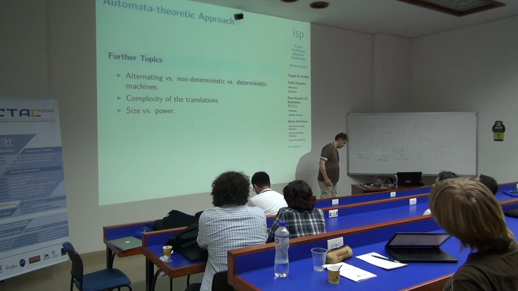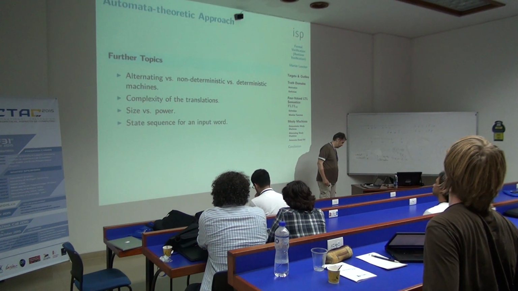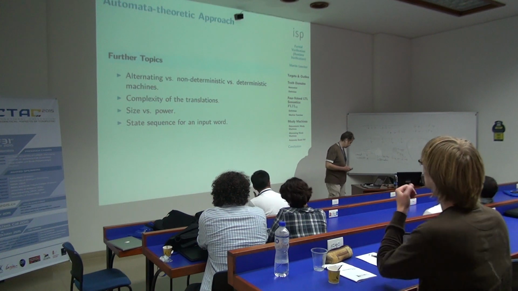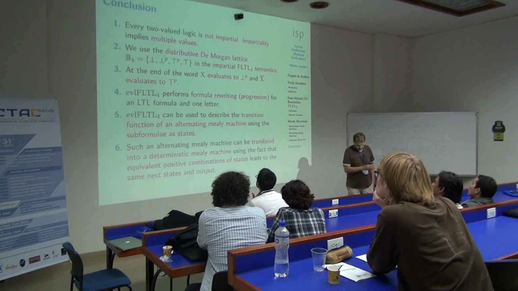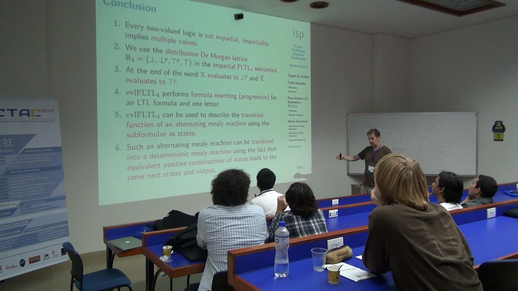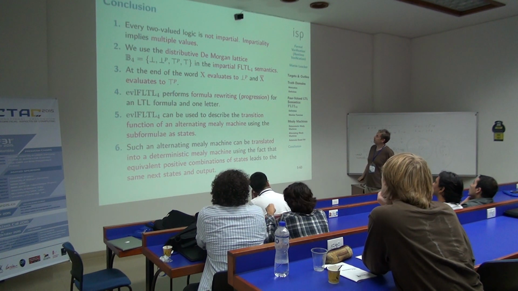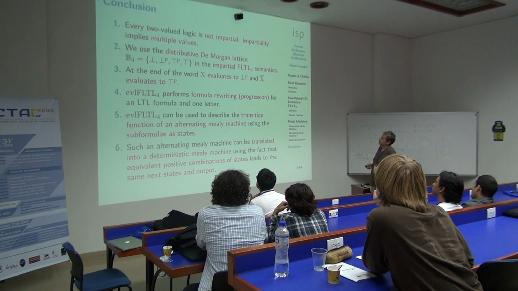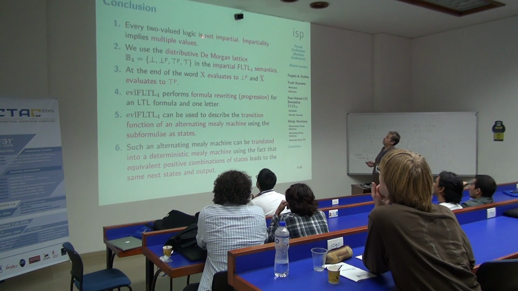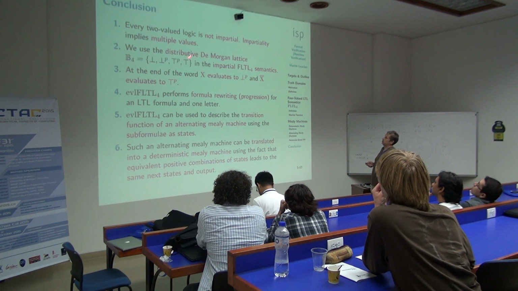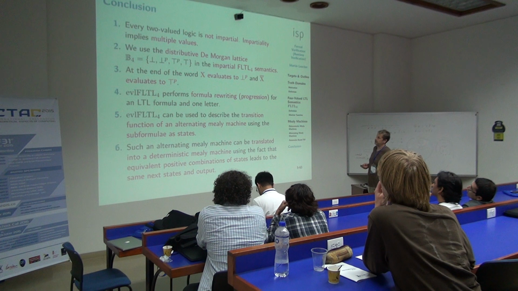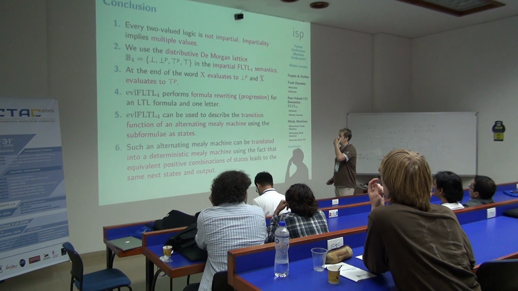So we basically get a state sequence checking our word. So what is the conclusion for today? Every two-valued logic is not impartial. Impartiality implies that we have to use several truth values.